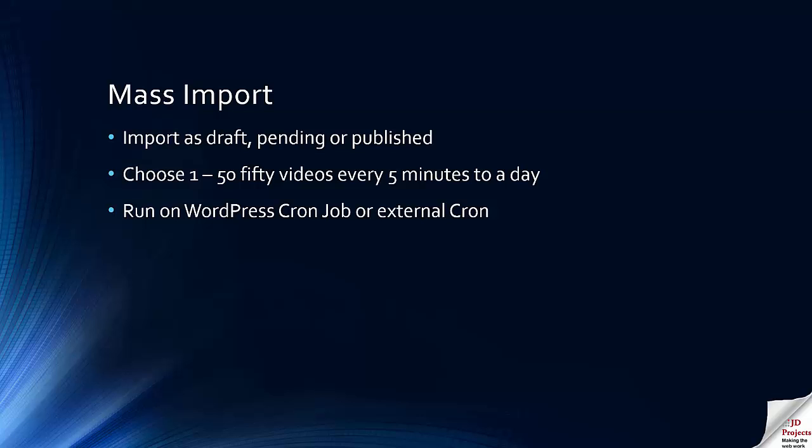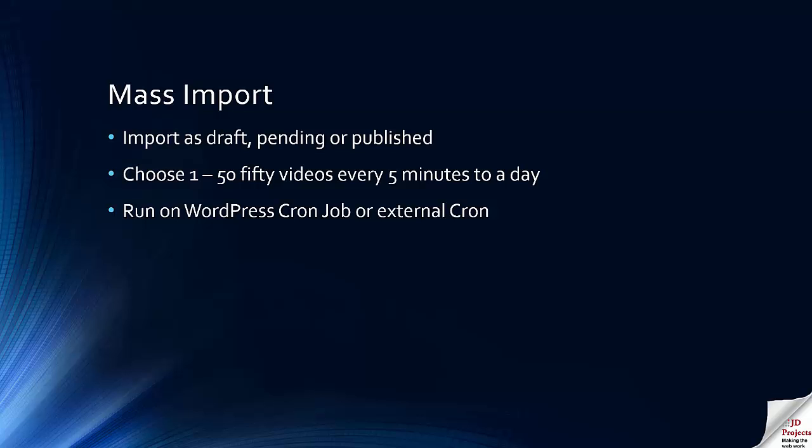For mass import, we can import them as draft, pending, or published, depending on what control you want. There are various throttling options from 1 to 50 videos which you can pull in from every 5 minutes to once a day. These run on the WordPress cron job or an external cron job. You probably need to refer to your web host to understand which cron facility is best for you.